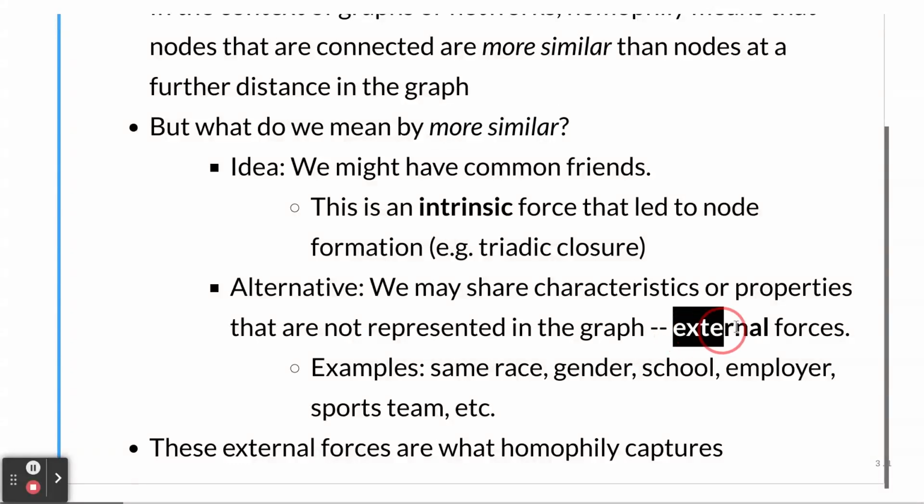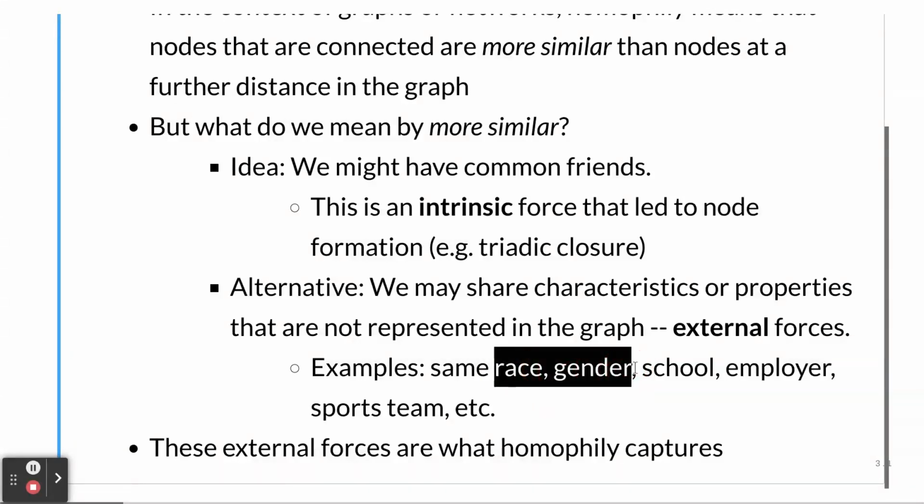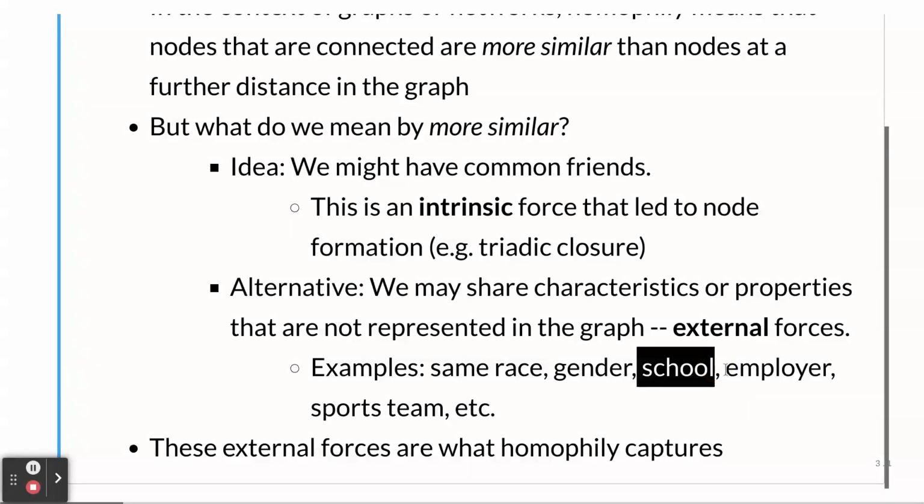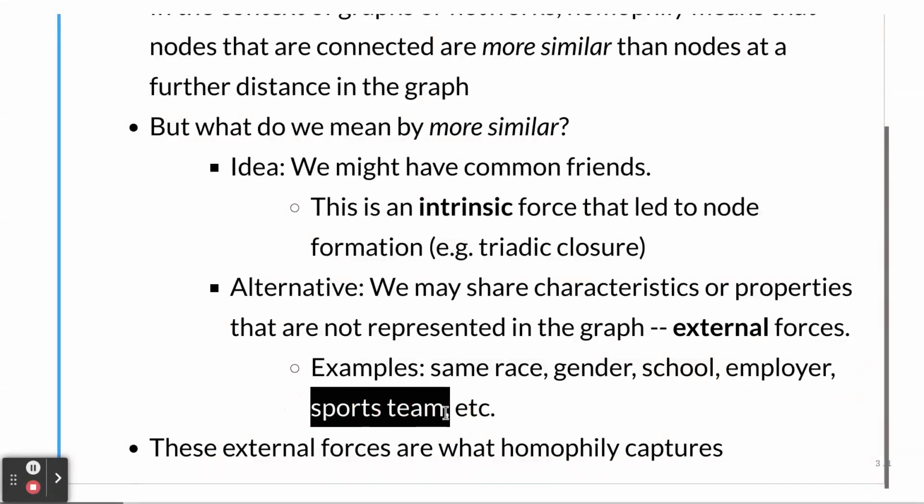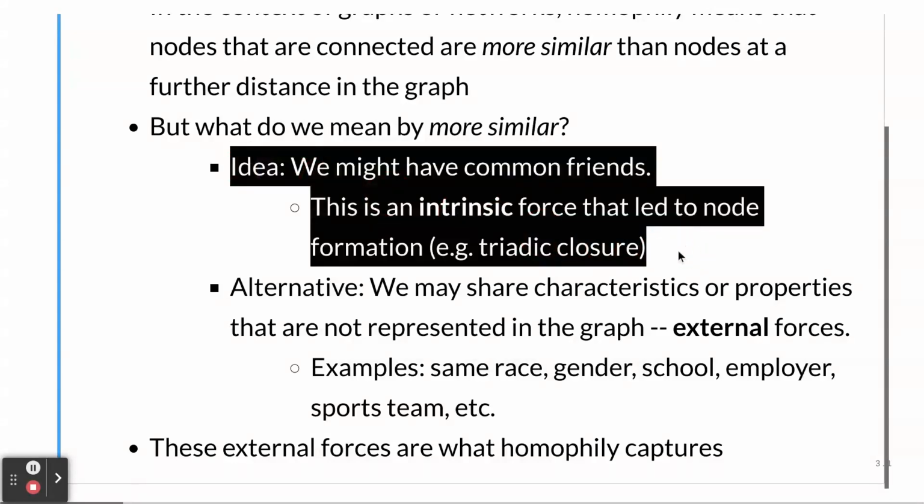What the graph does not capture for us are any external forces or factors. Some common examples of external forces within a social network might include race, gender, which school we attend, who our employer is, what our favorite sports team is, etc. And if we're thinking about the similarity amongst nodes, we can definitely think about intrinsic similarities, meaning do we have edges between a common node?